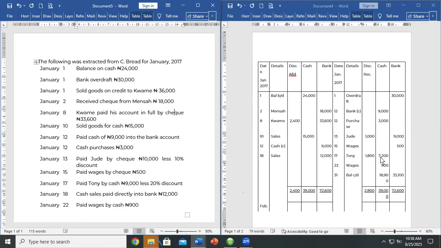So that is how you show the discount in the cash book. Okay, so again, when you are done, you balance off with your cash and cash, bank and bank carry downs. For the discount columns, you don't put any carry down there, you just put the totals under the column and that's all.